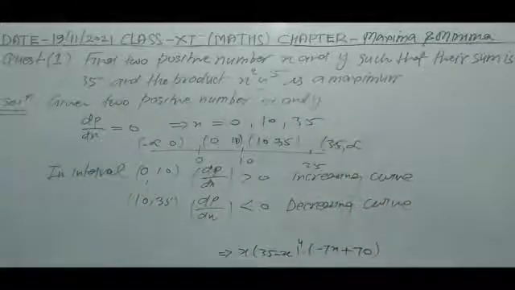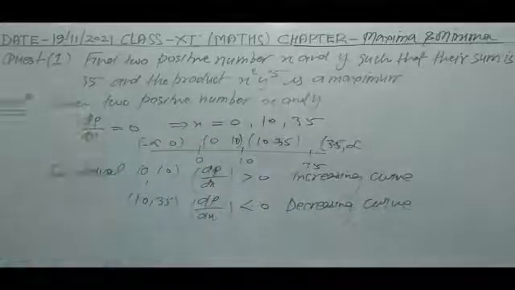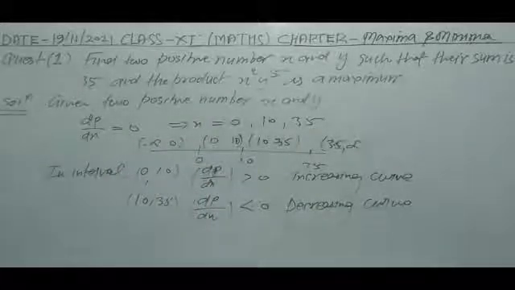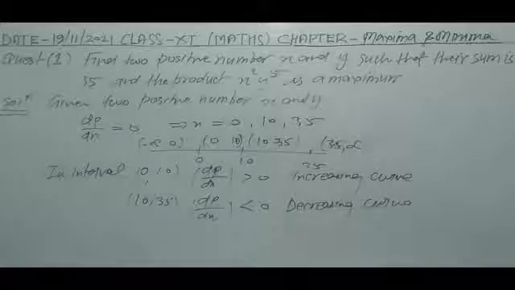So the function is increasing then decreasing. Therefore the function is maximum at x is equal to 10.